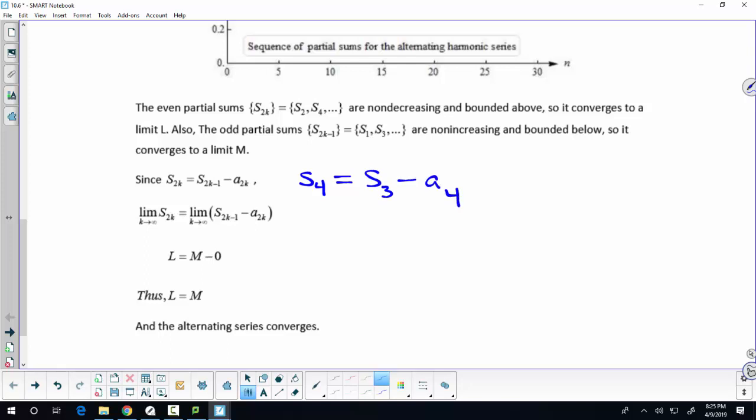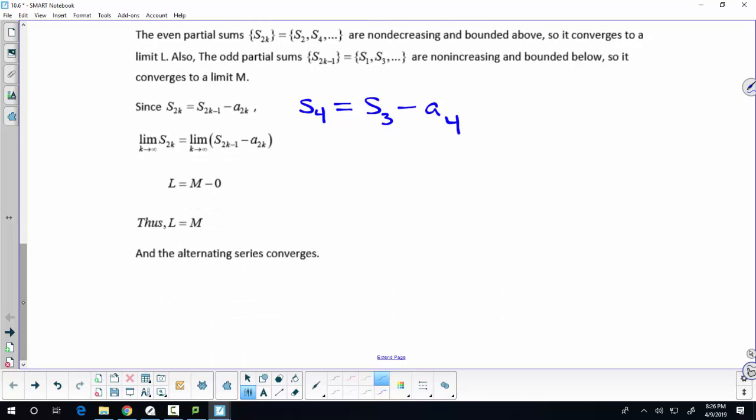That's just one example, but you can verify it's true for all. Then we take the limit of that relationship and get L equals M minus 0, which means L equals M. That means the even and odd partial sums of the alternating harmonic series both converge to the same thing. So the alternating harmonic series does converge.